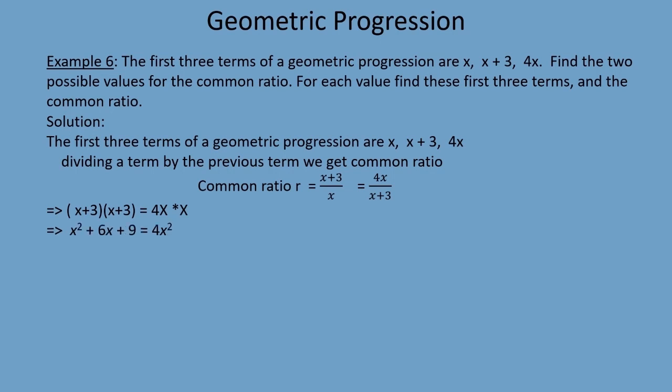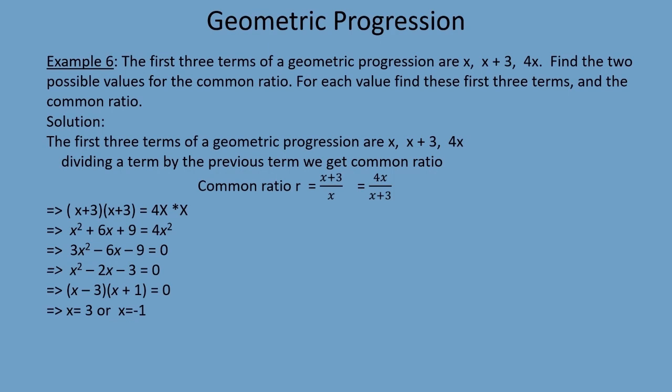That is 3x square minus 6x minus 9 is equal to 0, so x square minus 2x minus 3 is equal to 0, so x minus 3 into x plus 1 is equal to 0. Hence x is equal to 3 or x is equal to minus 1.